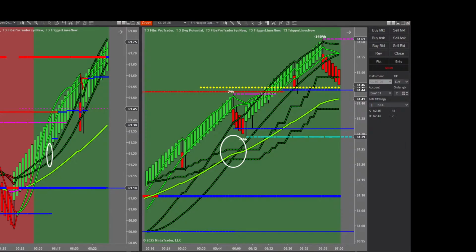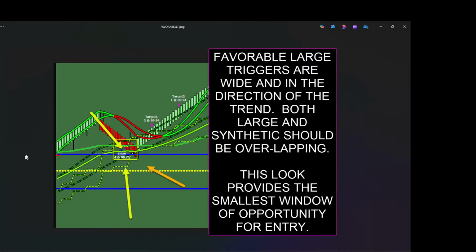That's some accuracy, and I don't talk about it as much as I used to, but that's what creates the idea behind what we call favorable large triggers. Favorable large triggers means that they are overlapping one on top of each other like two snakes riding piggyback.